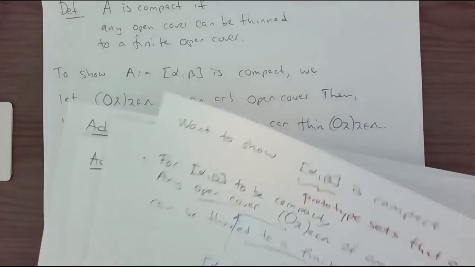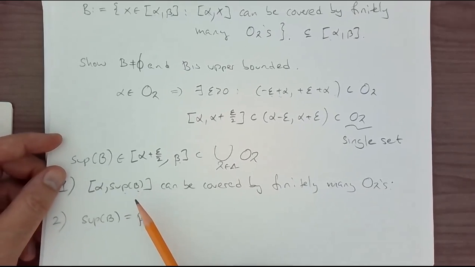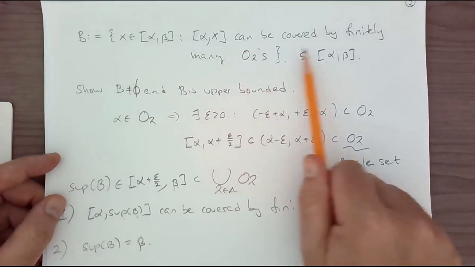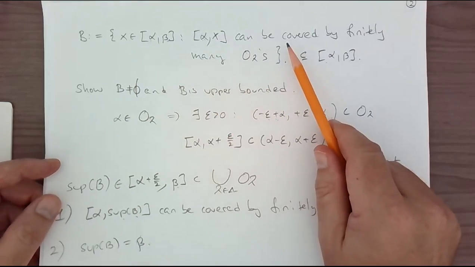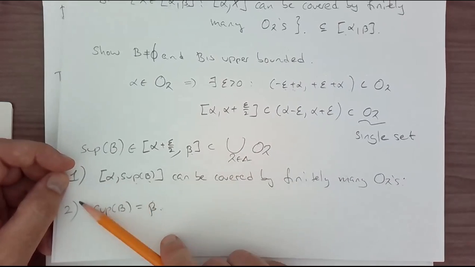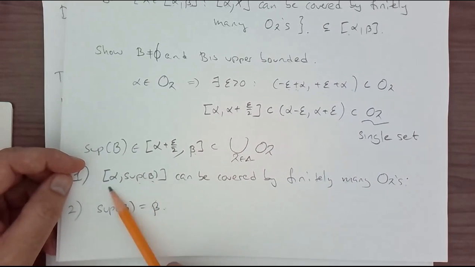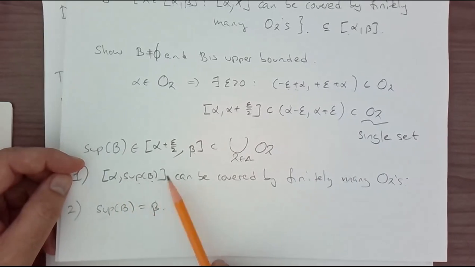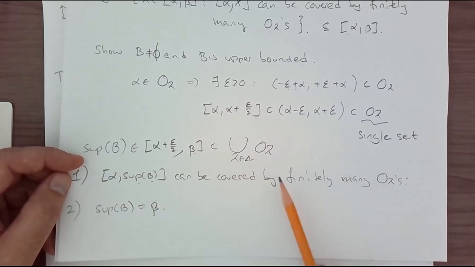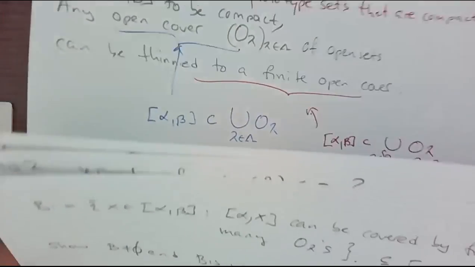Well, there's a two-step process being proposed. There's this setup here, and then we're studying the supremum of it. And if I can verify these two steps, I'm done, because then I'll just take the beta and put it in here, and then it says that the interval from alpha to beta can be thinned, and this can be covered by finitely many. And so then we'll be done. Then we'll have compactness.